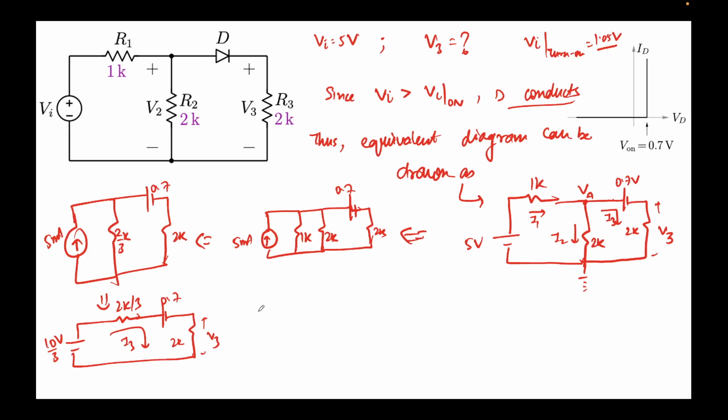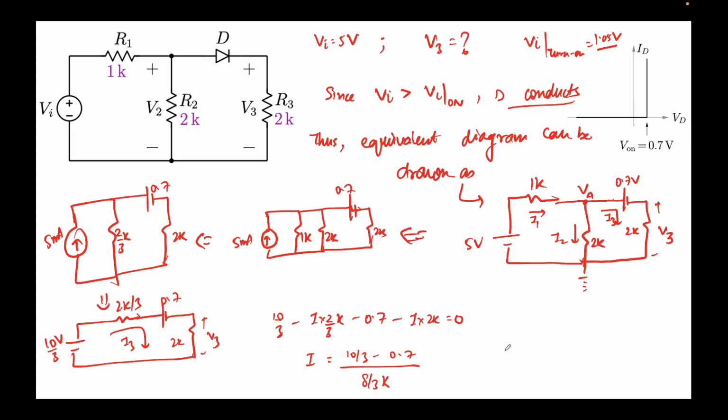So I can write KVL as 10 by 3 minus I times 2 by 3K, minus 0.7, minus I times 2K equal to 0, and I obtain I equal to 10 by 3 minus 0.7 divided by 2 by 3K plus 2K, so that's 8 by 3K.